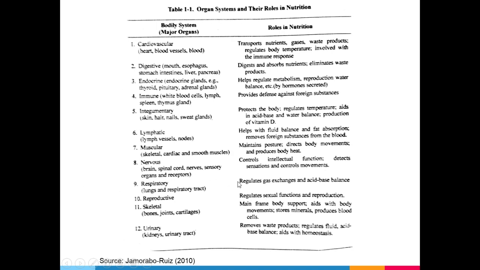The nervous system, of course, our brain needs a lot of nutrients, because atong brain gagana yun na siya constantly. So the brain needs a lot of nutrient input. And aside from that, our brain influences our appetite, our hunger, our desire to eat.